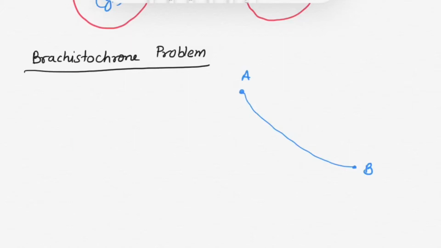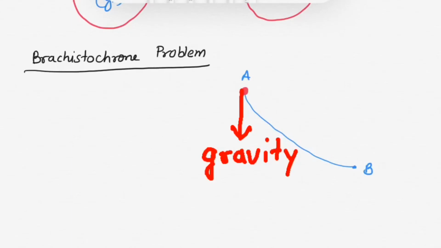Suppose we have a particle at point A, and it is sliding down along this curve under the force of gravity, and finally this particle will reach point B in some time t. If you change the nature of this curve, then this time t will change. So the problem is to find a curve along which the time taken is minimum. So let's find that time.